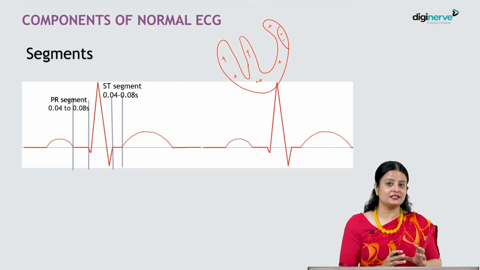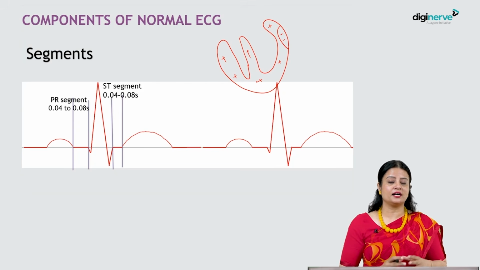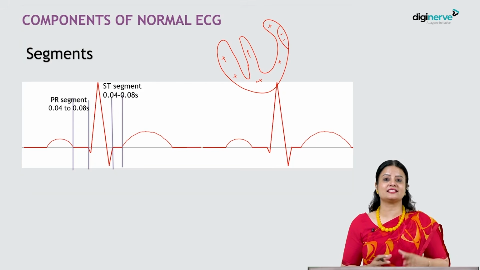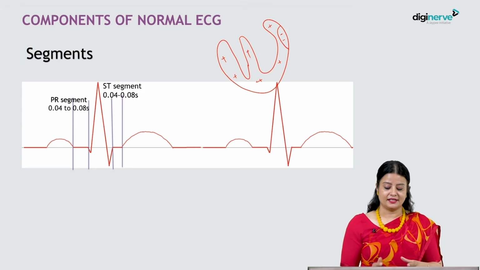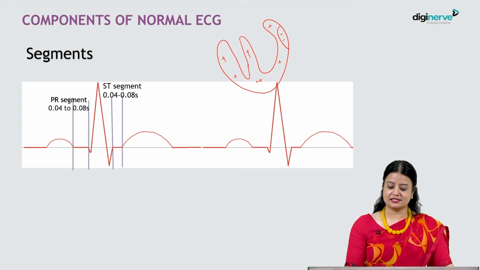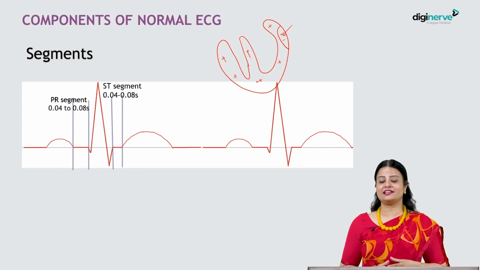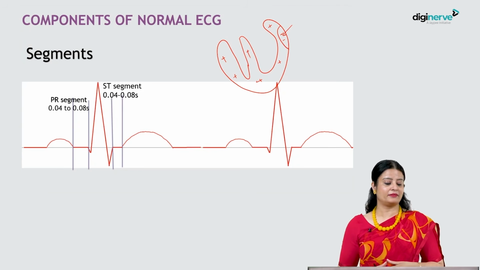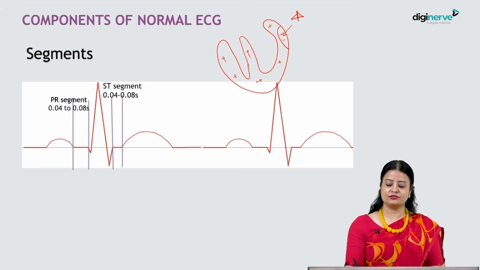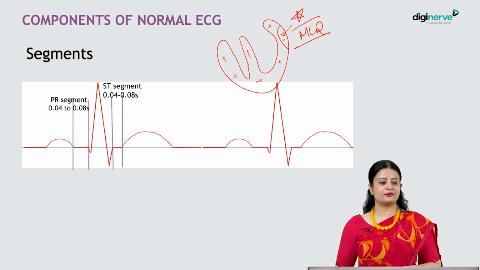That is what is seen in the patients of myocardial infarction, resulting in the ST segment elevation. So, this is the physiological basis of ST segment elevation in the patient of myocardial infarction. You do remember this for your MCQs or your Viva questions.